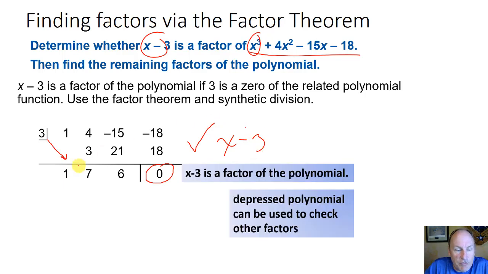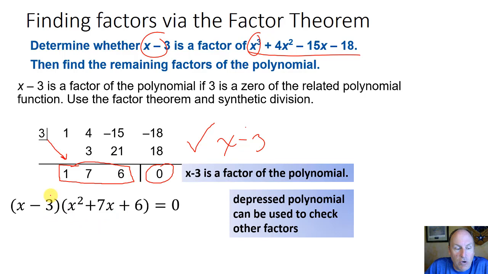Now we take the depressed polynomial, which turns out to be x squared plus 7x plus 6. Factoring this looks like this: x minus 3 is a factor, and so is x squared plus 7x plus 6, because that's what's left after a remainder of 0. But we can use other techniques, namely the x technique, to factor x squared plus 7x plus 6.